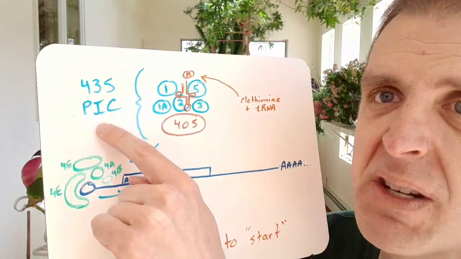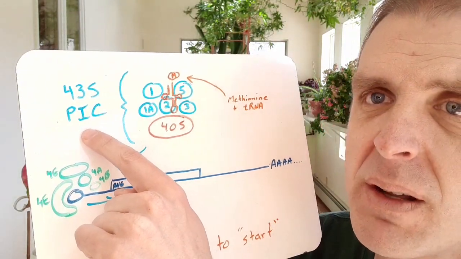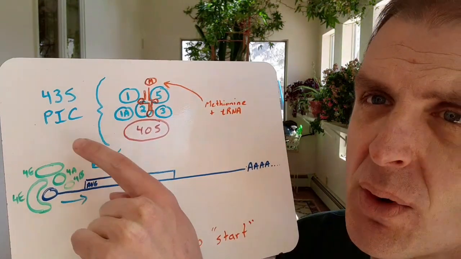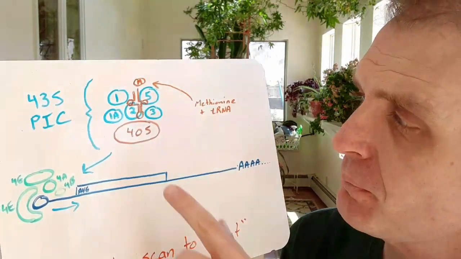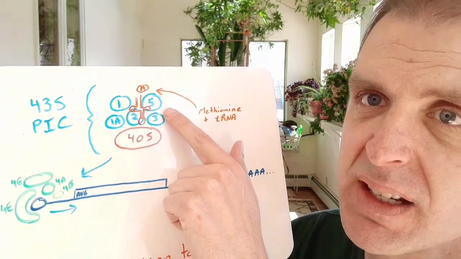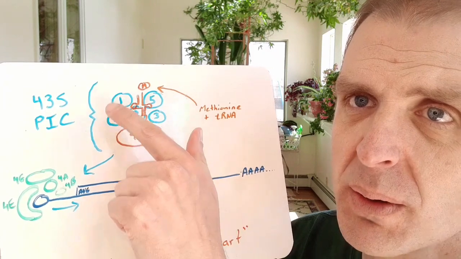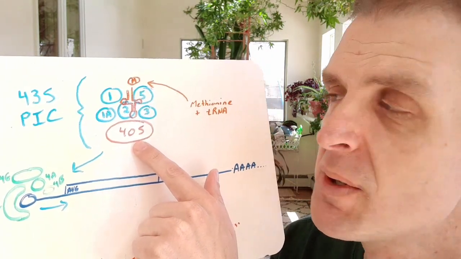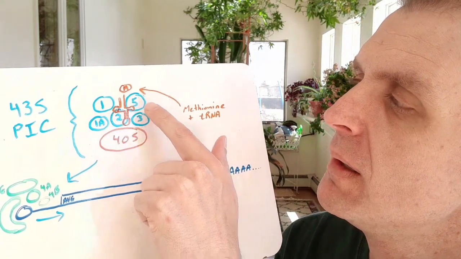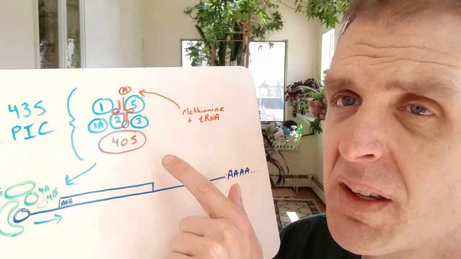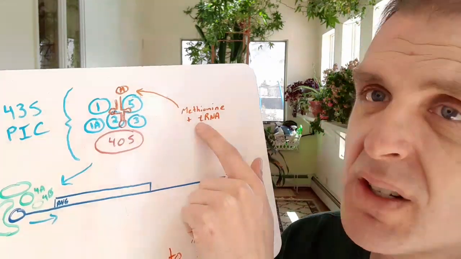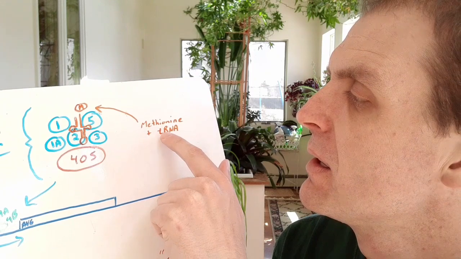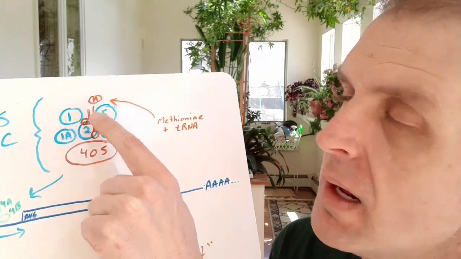Instead, last time we mentioned that there was a big complex called the 43S pre-initiation complex, or 43S PIC. We didn't get into the details of all the proteins that were part of that complex. We did mention that the small subunit of the ribosome was part of it, and that it would have a methionine tRNA, a tRNA that's charged with methionine.